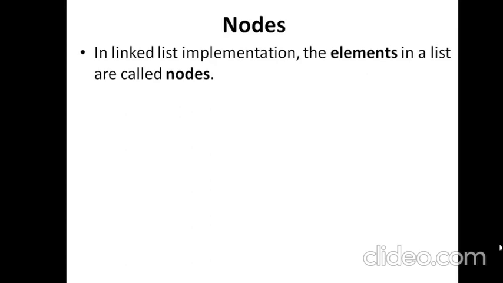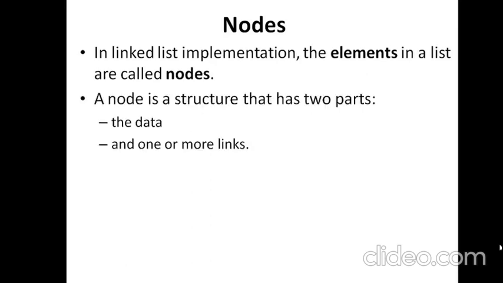Each node will have two fields, namely the data field and the link field. The data field is the one place where we will be storing the information, and the link field is basically a pointer, and it will be pointing to the next node in the list. You can actually compare the linked list with an array.